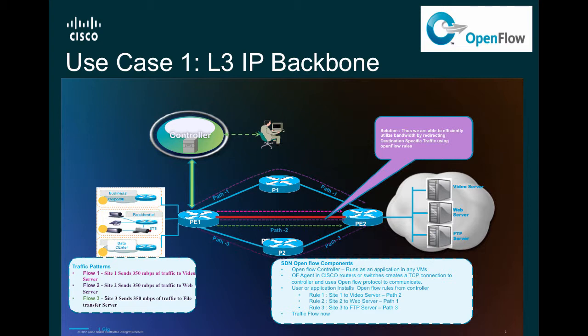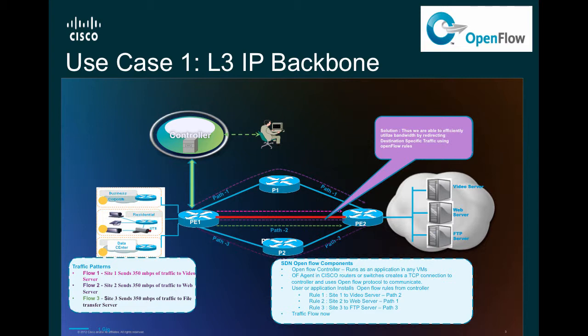With OpenFlow, you can change the path depending not only on the IP destination address, but on other criteria as well. As you can see here, you can program the flow such that you can apply certain rules from the controller so that you can redirect traffic from a particular source address to a particular destination address.